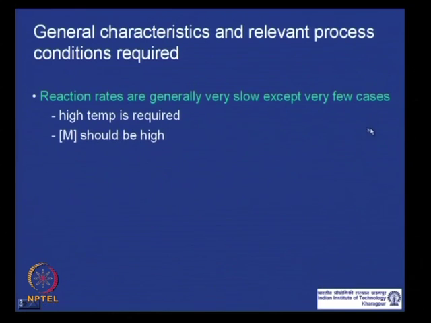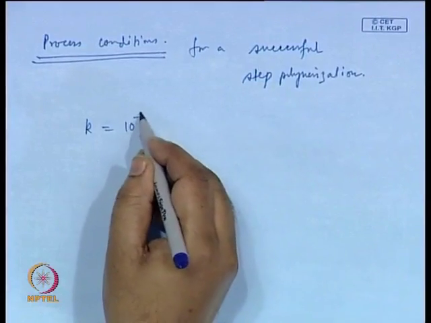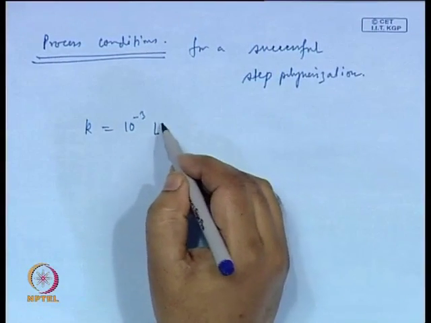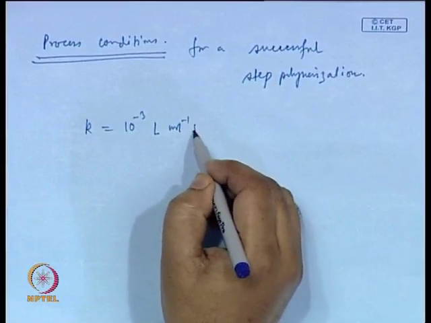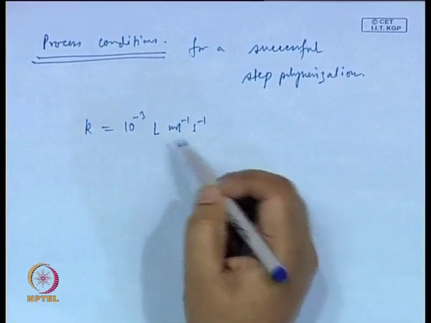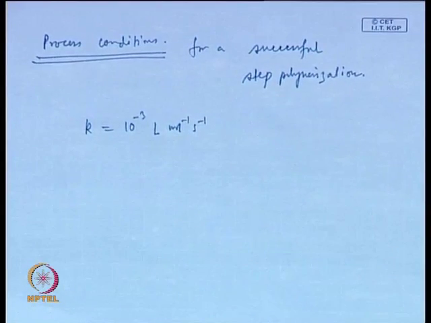First, reaction rates. We know reaction rates are generally slow for these step polymers, and typically the rate constants are of the order of 10 to the power 3 liter mole inverse second inverse, which is very low. So, it cannot be done at room temperature.